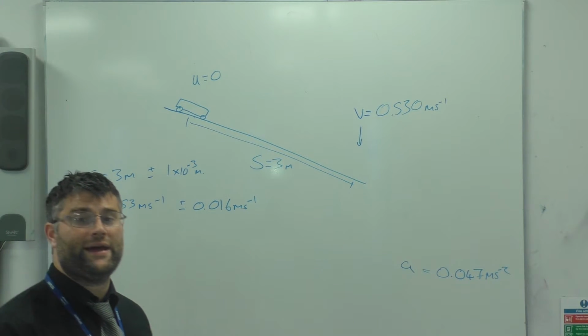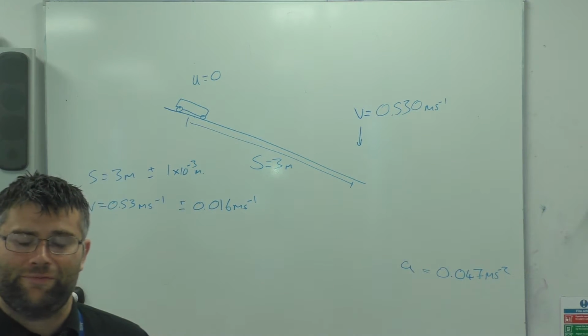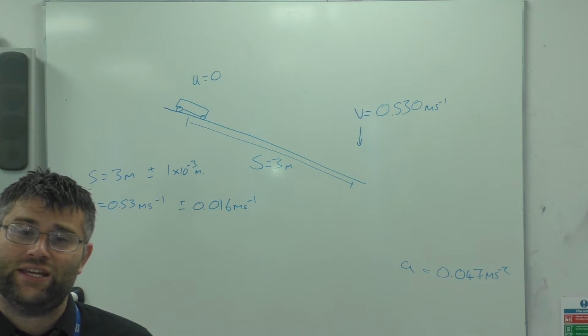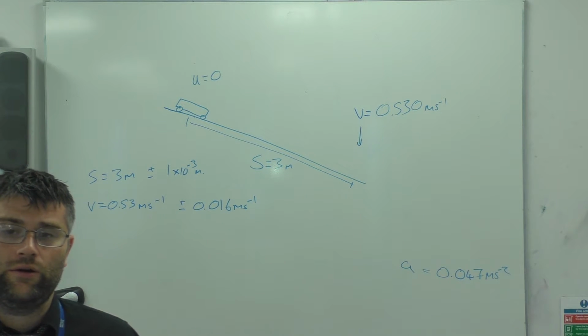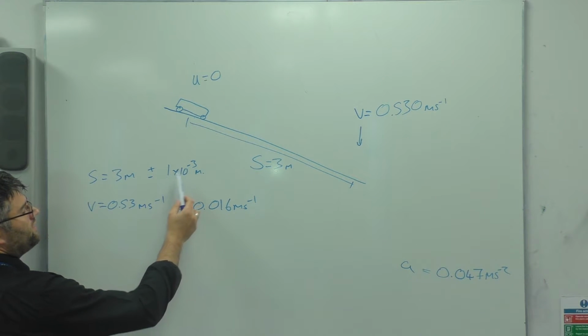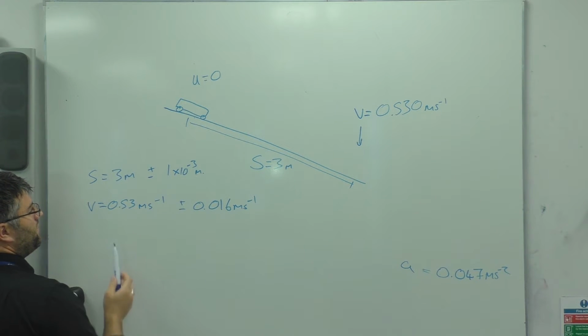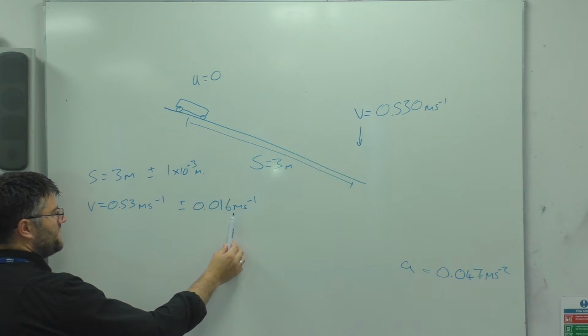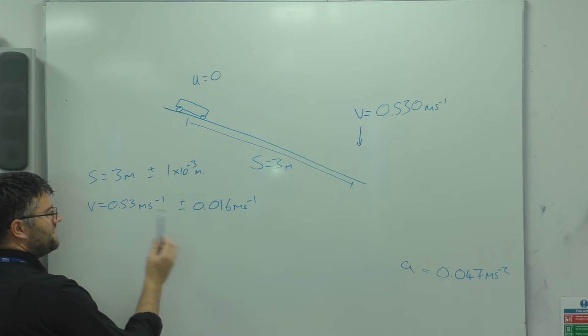So you should now be able to go and work out, if you've watched the first video, what the percentage uncertainties in each of these measurements are. The percentage uncertainty here is 1 times 10 to the minus 3 divided by 3 times 100. Percentage uncertainty here, 0.016 divided by 0.53 times 100.